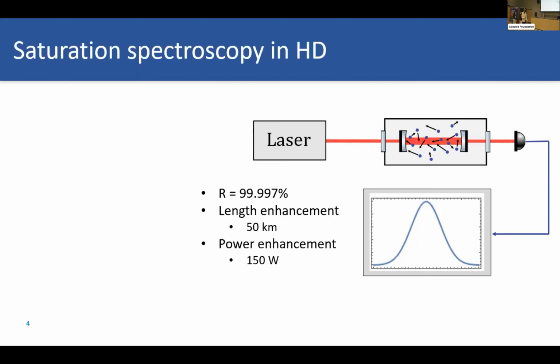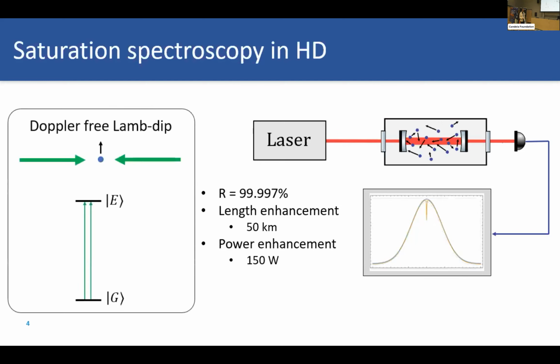Our high finesse cavity of 150,000 finesse has roughly an equivalent length of 50 kilometers. And of course, we get power enhancement of the counter-propagating beams to somewhere around 150 watts. That allows us to do saturation spectroscopy.